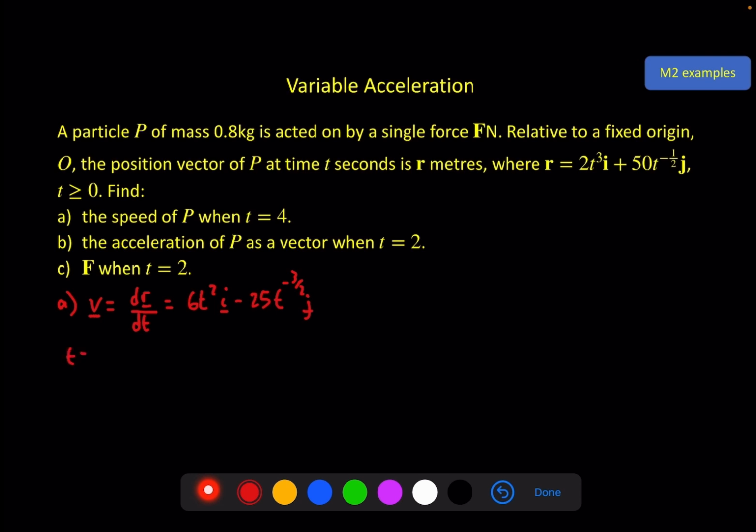When t is equal to 4, we put that into both components. v is equal to 6 times 4 squared, 96i minus 25 over 8j. Now for the speed, this is where we need to do our Pythagorean approach. This squared plus this squared, square rooted, gives us the magnitude of velocity, which is what the speed is.